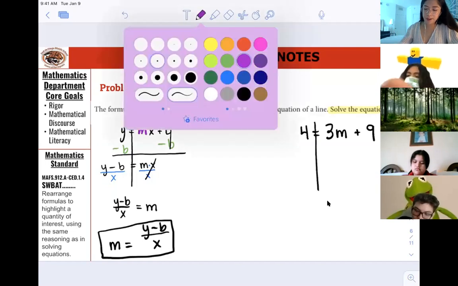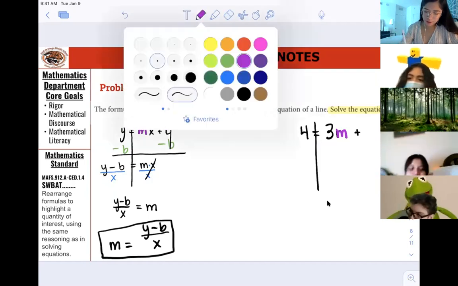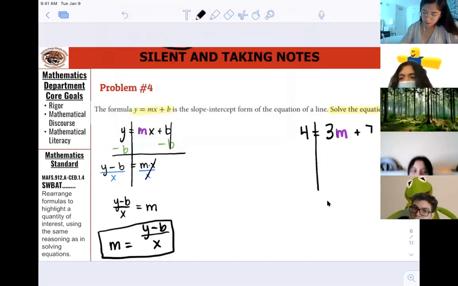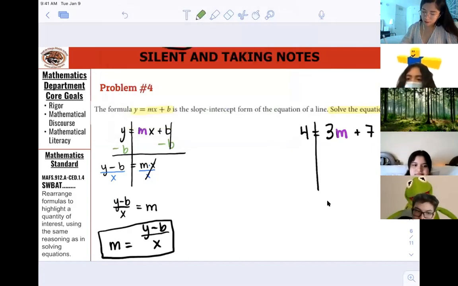What am I trying to get by itself in this two-step equation? The m. Still getting the m by itself, right? And I'm actually going to change this to a 7. All right, so if I'm trying to get the m by itself, what's the first thing I got to do? Subtract the 7. Good. Subtract the 7 on both sides, right?